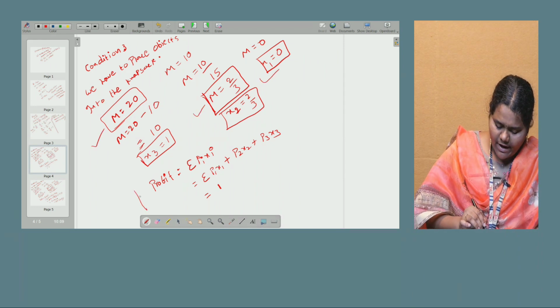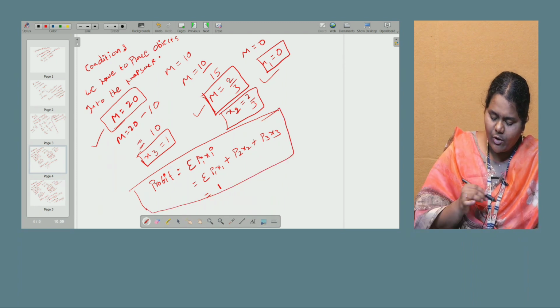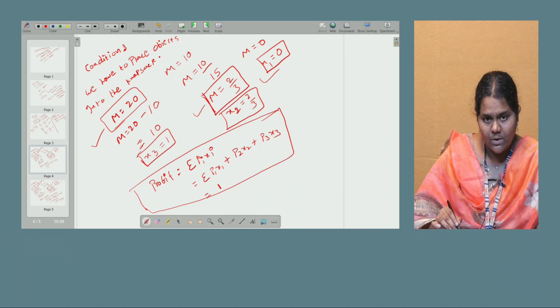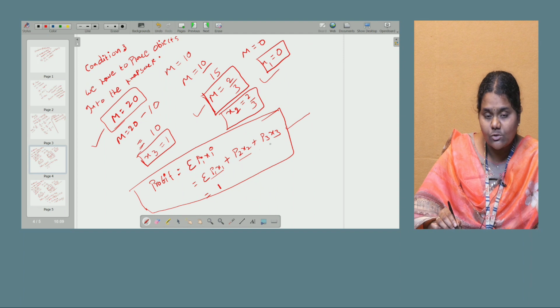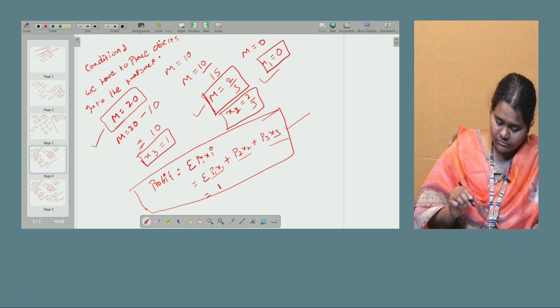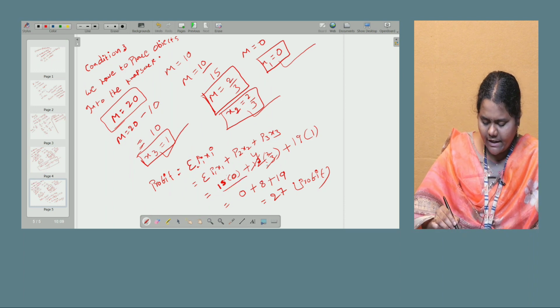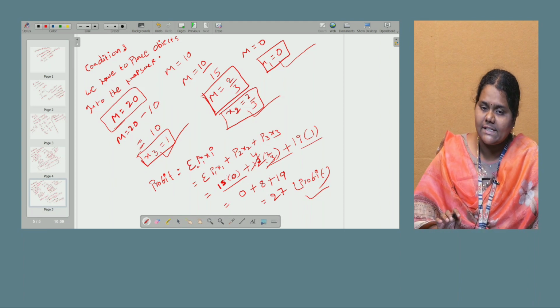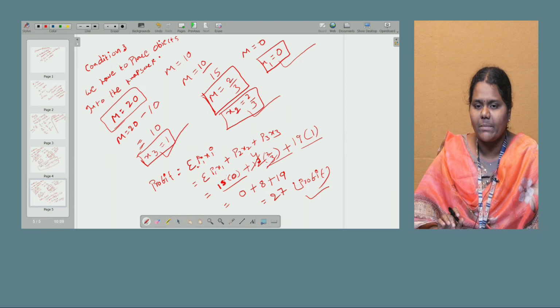After that we find the knapsack profit, that is sigma pi xi, p1 x1 plus p2 x2 plus p3 x3, since we have 3 objects. So this is about the fractional knapsack problem in the greedy method.